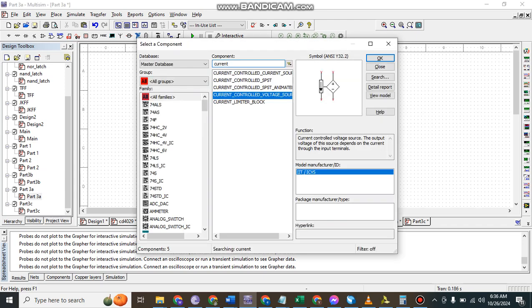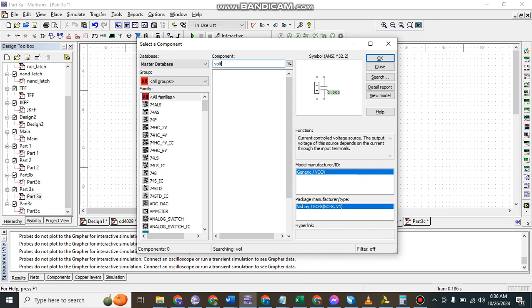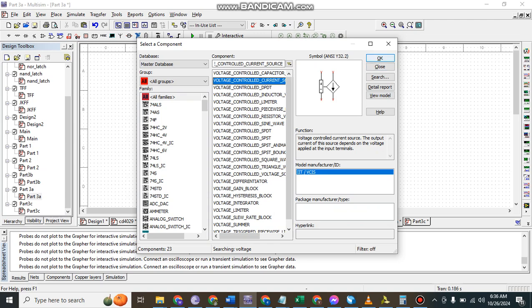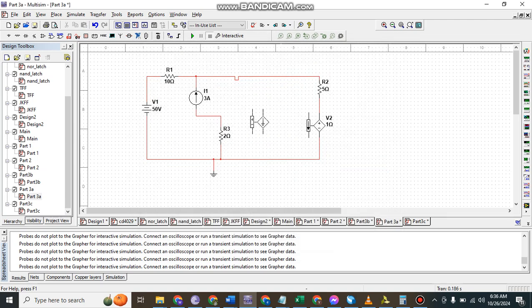Now we are just going to see the voltage controlled by current source, right? So we are going to see this. Okay, now we are going to revert this and invert this here. Just see the connections.